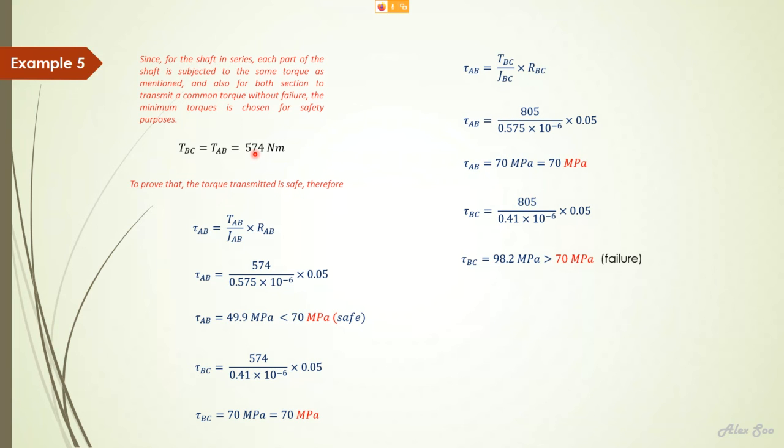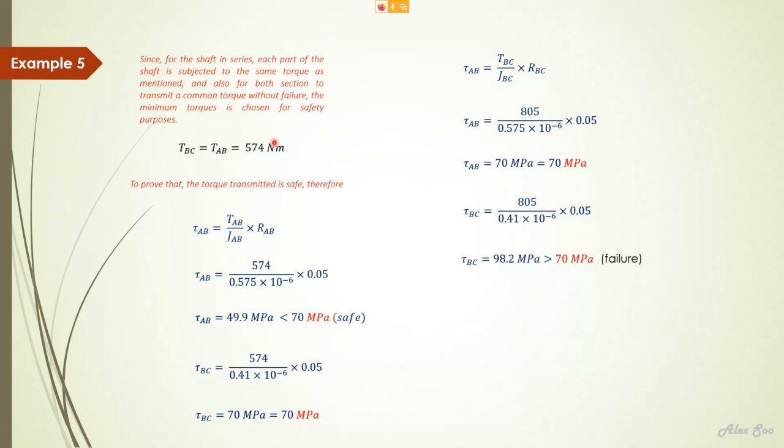So you have to be careful when you design something. Theoretically you found two different torques, and based on those two different torques, you determine the maximum torque that the shaft design can transmit. So you have to check like that, and then you get to know that 805 I cannot take.